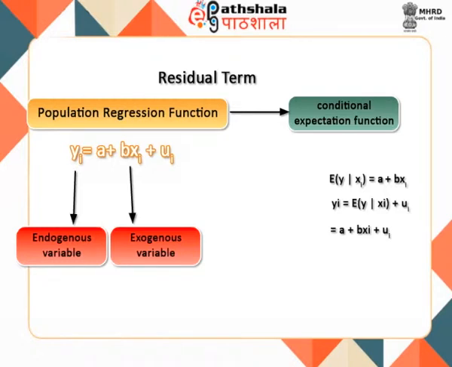The variable ui represents factors other than x that affect y. It is denominated error or random disturbance. The disturbance term can also capture measurement error in the dependent variable. Technically, a plus bx is the deterministic component and ui is known as the stochastic disturbance or stochastic error.